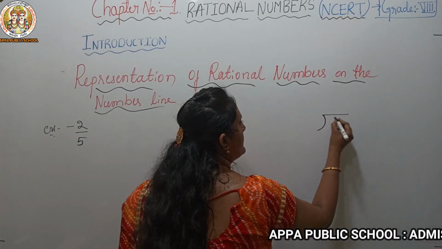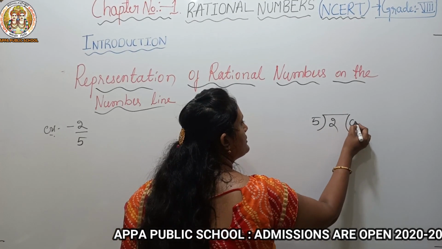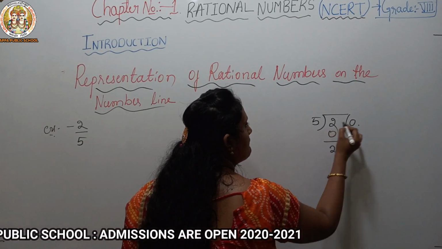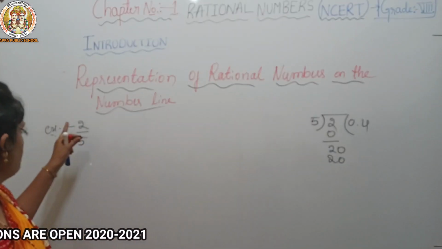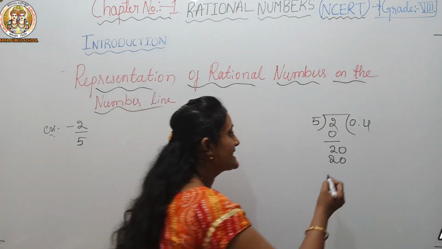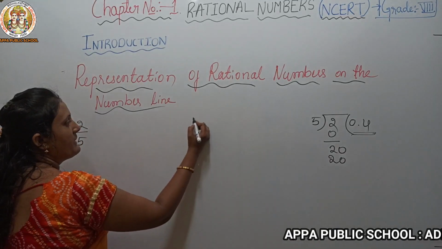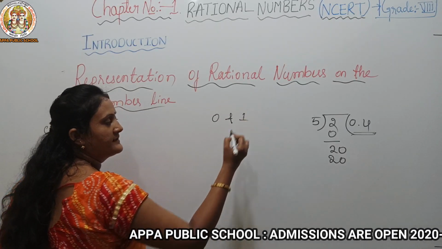So first we divide: 5 into 2, put a point, 20, 5 4s are 20. So -2/5 is nothing but 0.4.